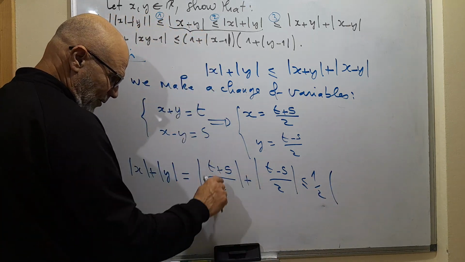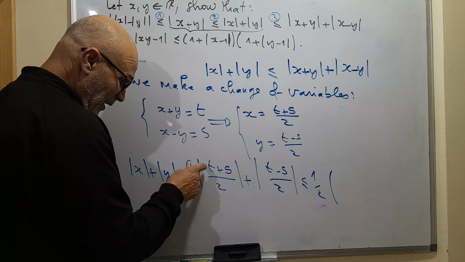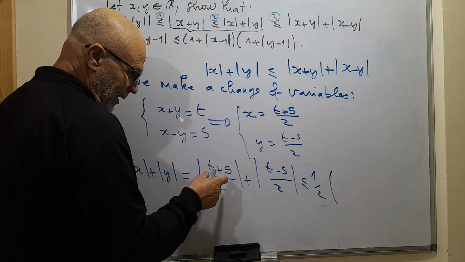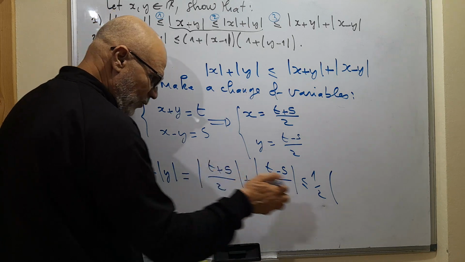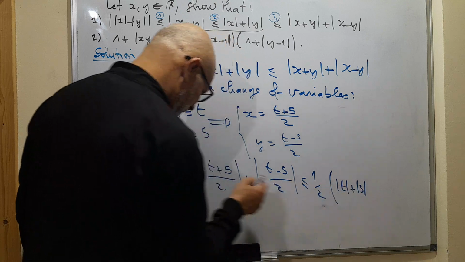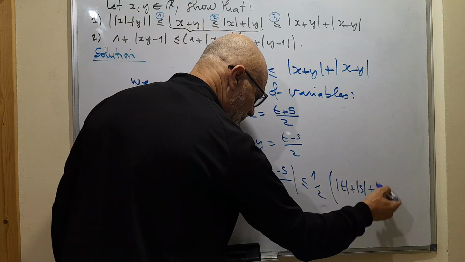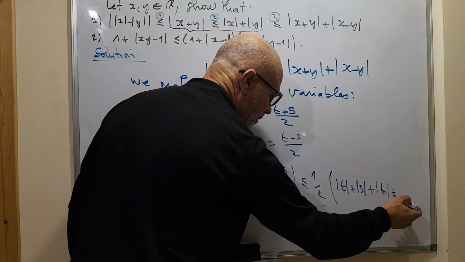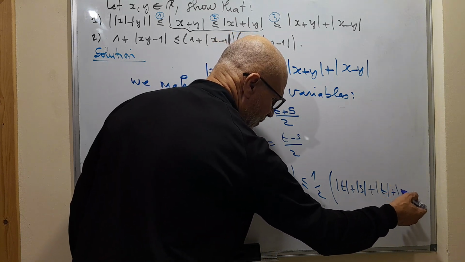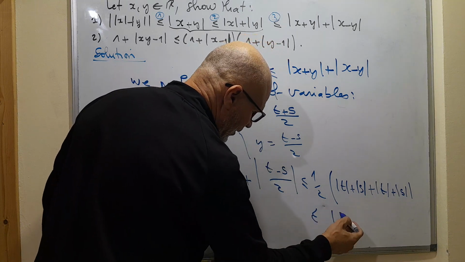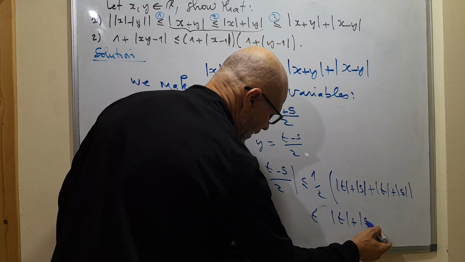I keep this out of the absolute value. We use once again the triangle inequality: the absolute value of t plus the absolute value of s plus the absolute value of t plus the absolute value of minus s, which means s, and this is less than or equal to t plus s.